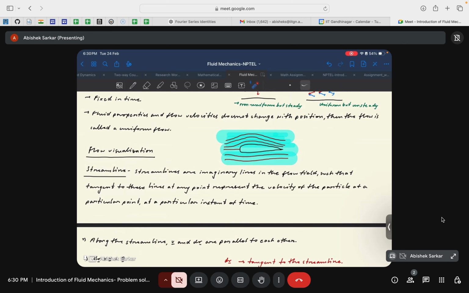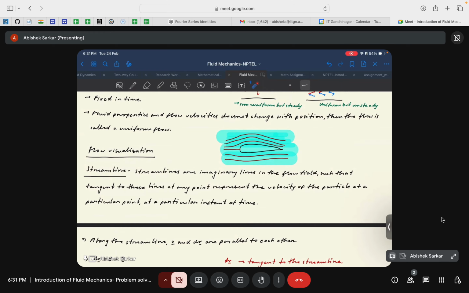By technical definition, these are not streamlines. These are actually the streak lines of the dye that you have injected, and you see how it moves past the airfoil or any other bluff body. But there is a scenario where you can approximate that the streak lines and the streamlines would be identical. We will come into that.